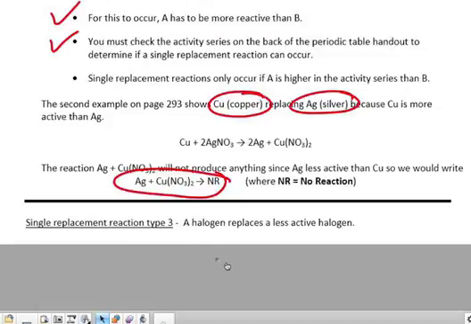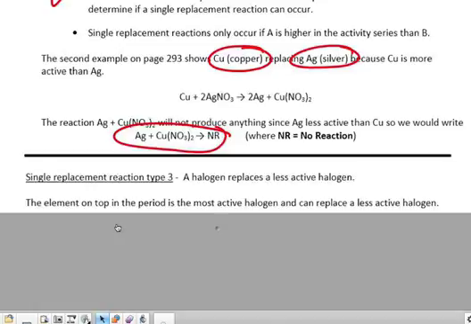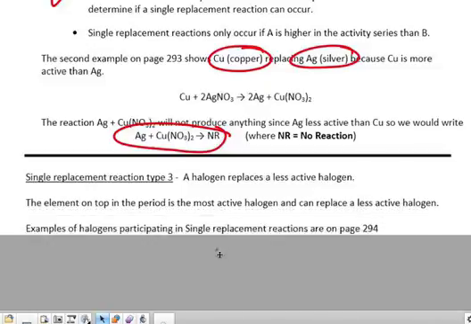The third type of single replacement reaction is when you have a halogen replacing a less active halogen. And the element on top in the periodic table is the most active halogen and can replace a less active halogen.